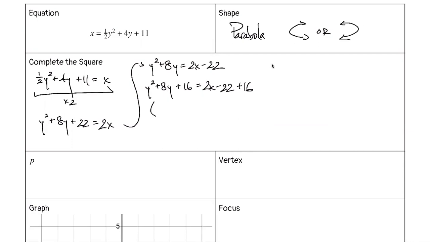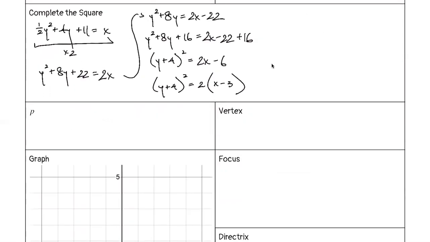Write out your perfect square. y plus 4 squared equals 2x minus 6. And then last but not least, we need to factor out that 2 and we get x minus 3. Okay.